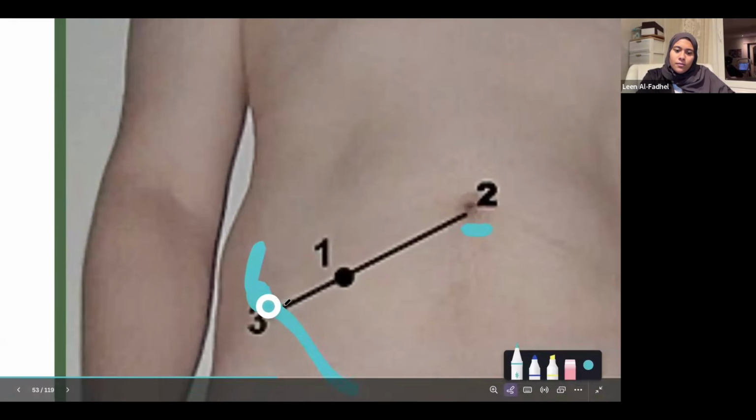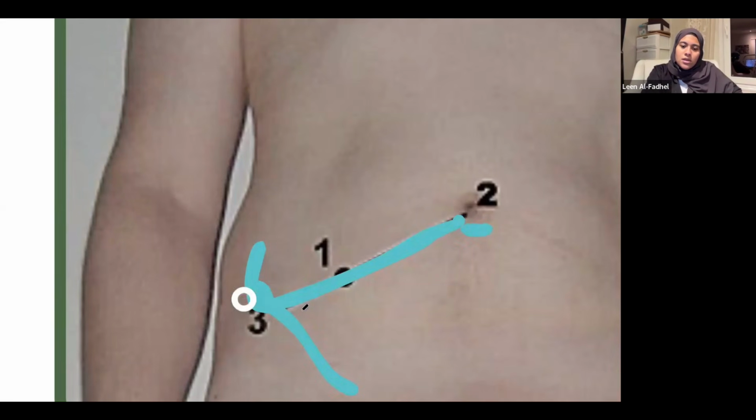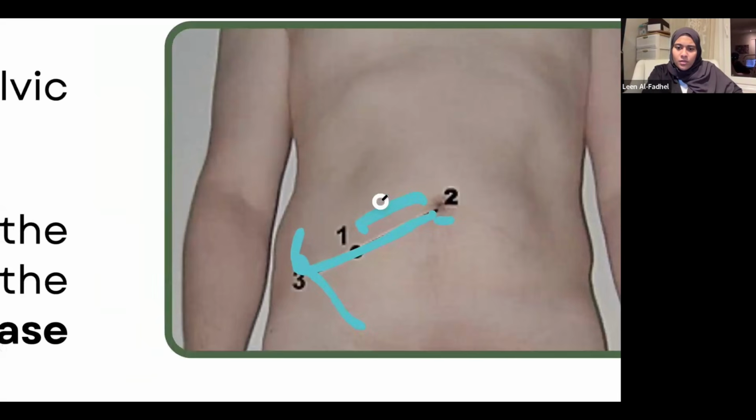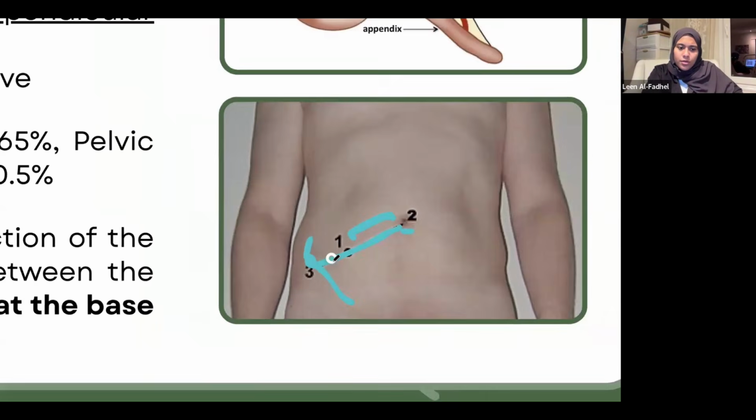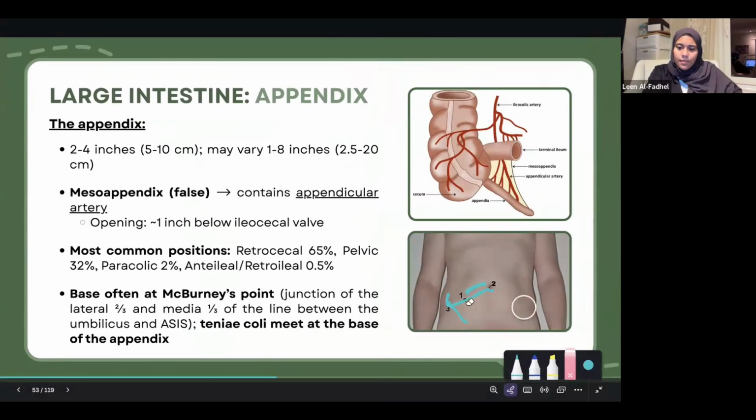You draw a line from the umbilicus to the ASIS. The point lies two-thirds lateral from the umbilicus and one-third medial. Perfect. Now, the taenia coli meet at the base of the appendix. Fun fact that you actually need to know.